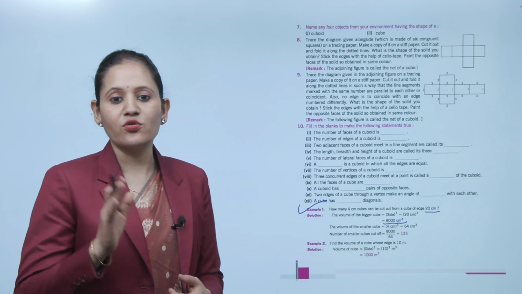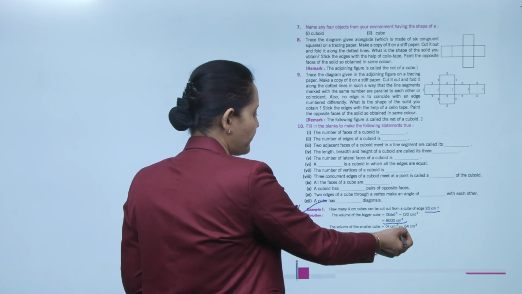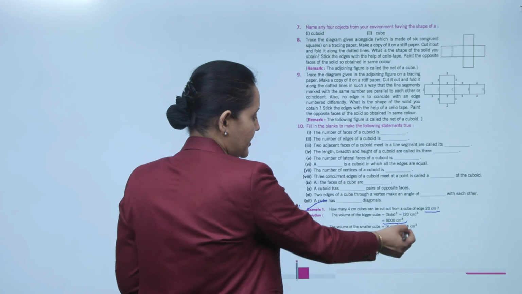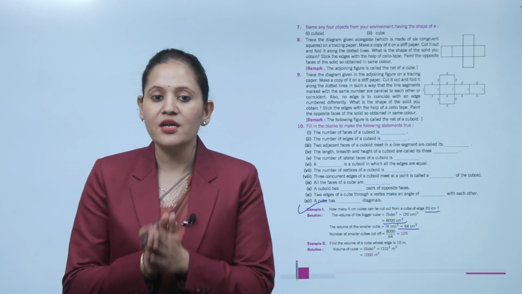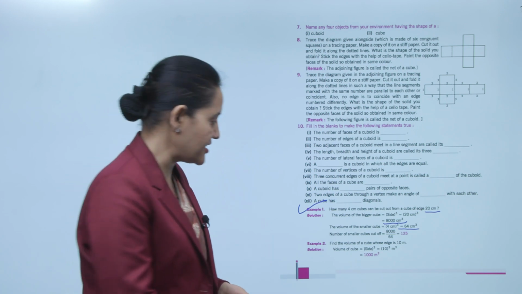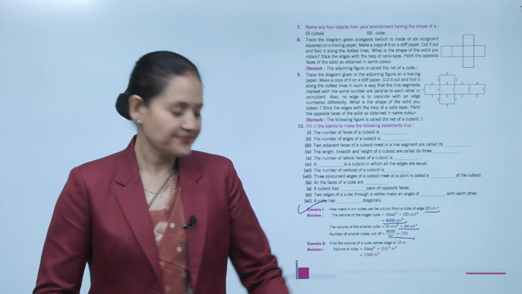Now we will find the volume of the smaller cube, that is 4 centimeter cube, 4 into 4 into 4, that is 64 centimeter cube. Now the number of smaller cubes cut off is 8000 upon 64, that equals 125. Clear?